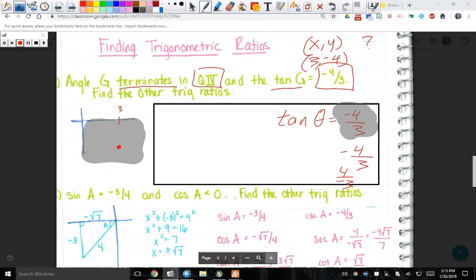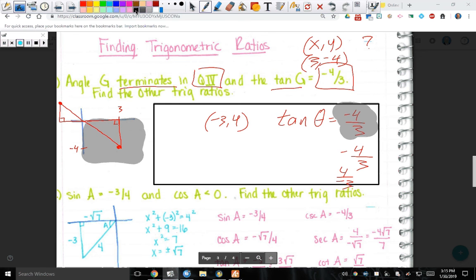There's 3, here's negative 4. You with me? And it would look like this. But I also know that it could have been negative 3, 4, which would have been negative 3 up 4, somewhere like up here. And the reference triangle would have been different. It would have been in quadrant 2. You starting to see a pattern start to develop here?